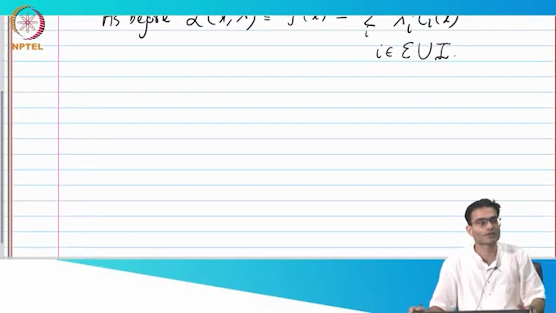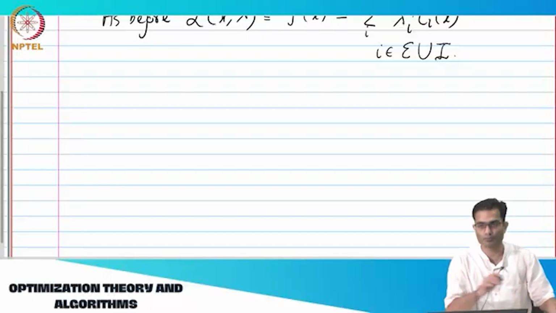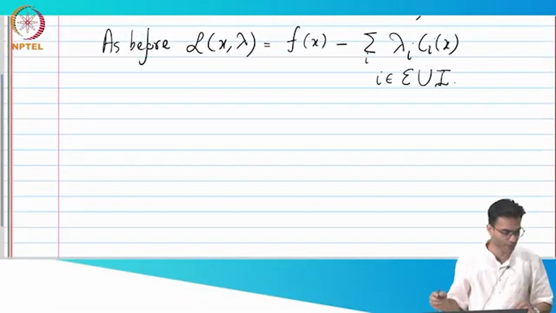It's a relatively long sequence of statements that we have to write to put this KKT theorem on paper. So let's do that with this Lagrangian in mind.